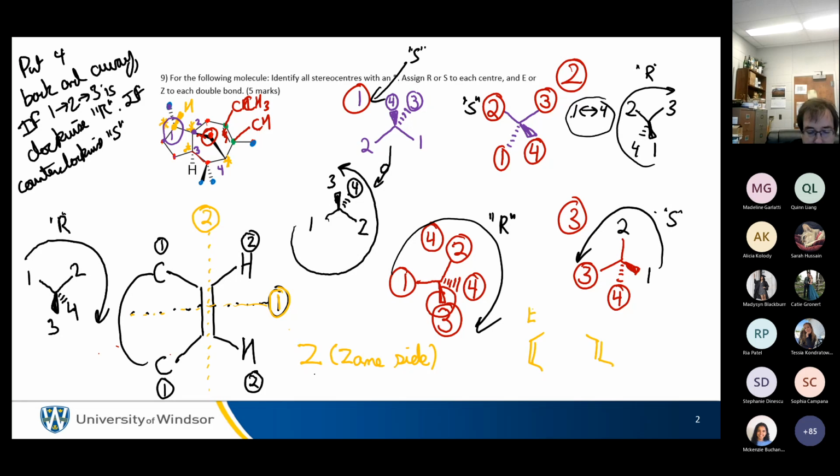This looks like an E. This looks like a Z, but since it's organic chemistry, it doesn't make any sense. So the one that looks like an E is a Z, and the one that looks like a Z is an E. If you have a different mnemonic for remembering this, go nuts. I like both of those. I also just like saying same side, so I go with that a lot.